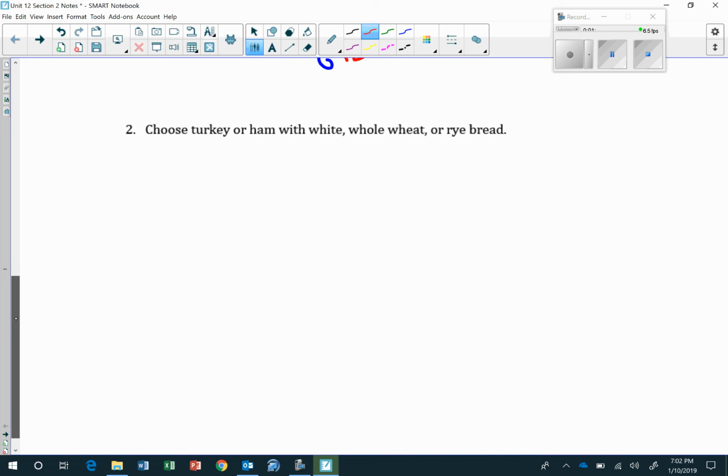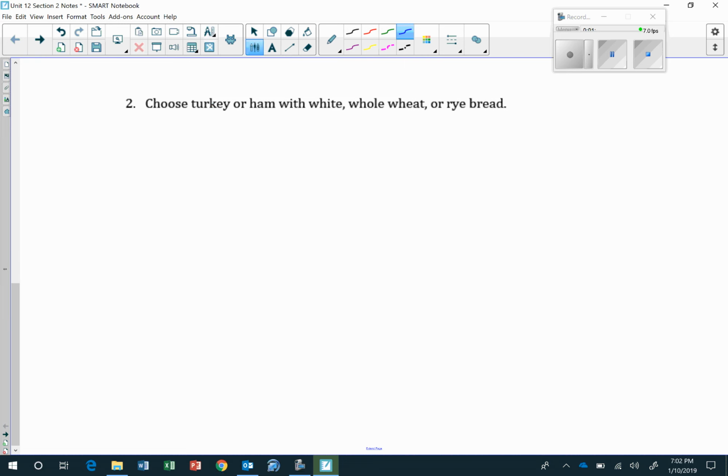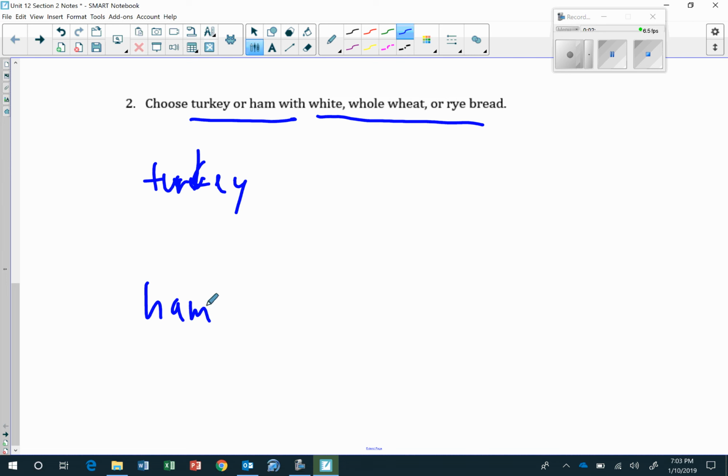So looking at example 2, it says choose turkey or ham. So 2 types of meat with 3 types of bread. So we would put our 2 types of meat, turkey and ham, and then our 3 types of bread.